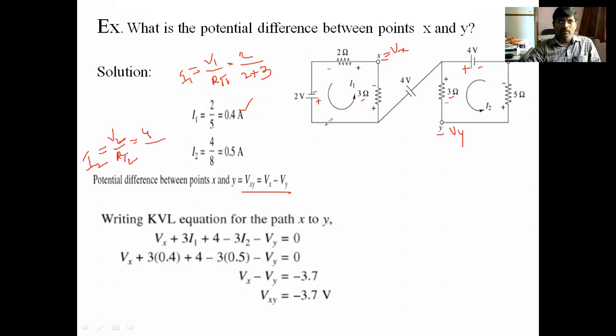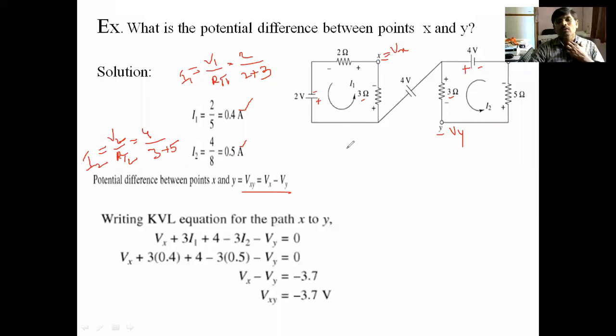So 4 by 3 plus 5, 3 plus 5 is 8, 4 by 8 is 0.5 amp. Now we know the current flowing through this 3 ohm and this 3 ohm, so we can straight away calculate the voltage across them.